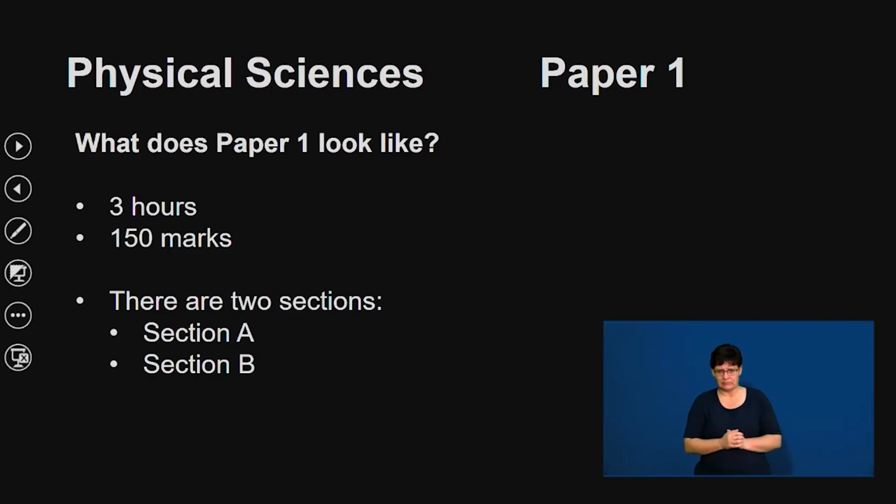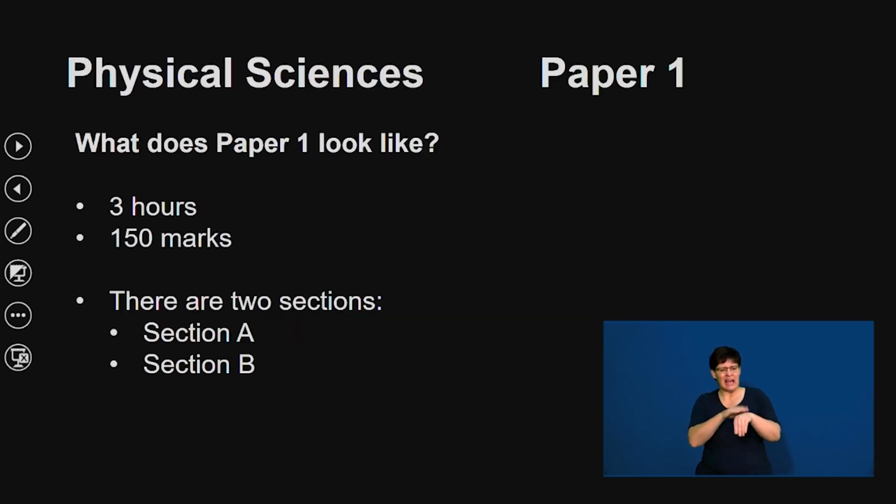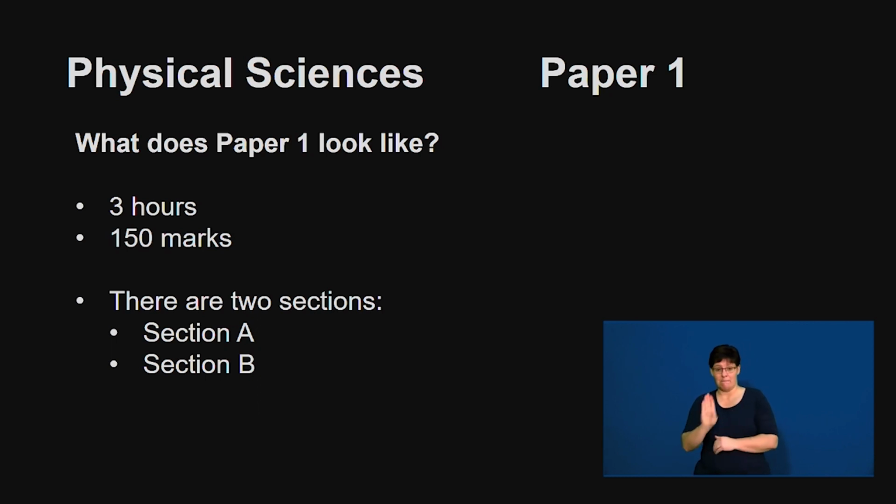Okay, the physical science paper 1, what exactly does the paper look like? The duration of the paper is actually 3 hours. So this involves all the time for section A as well as section B. The total marks is 150 marks, right?